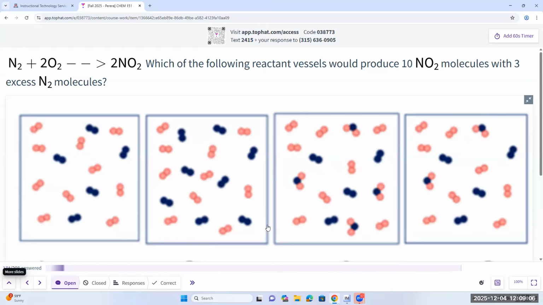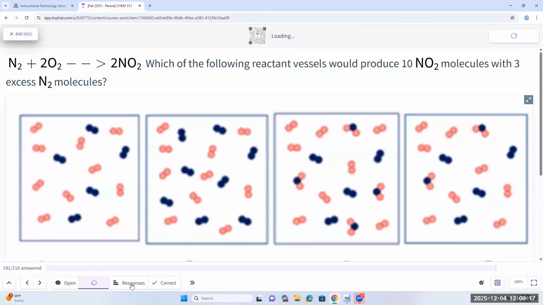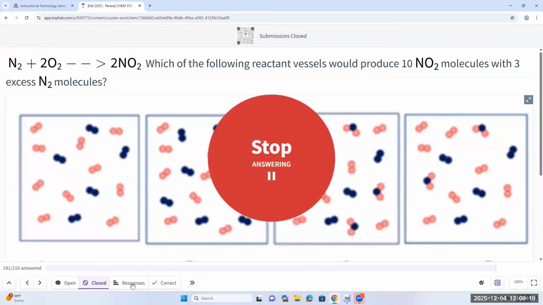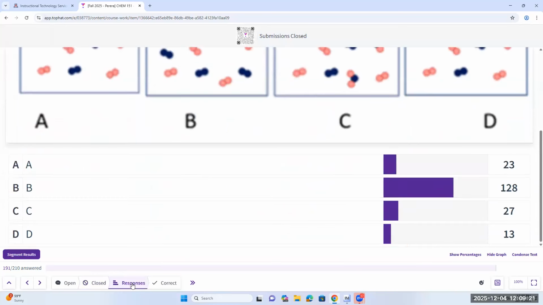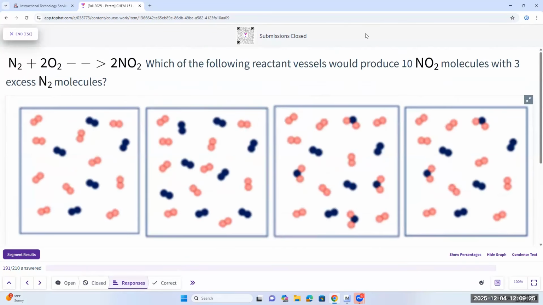All right, I'm going to close this question in 5, 4, 3, 2, and 1. And this question is about counting. Let's see. Most of us selected option B, and that's the correct answer as well. Why?